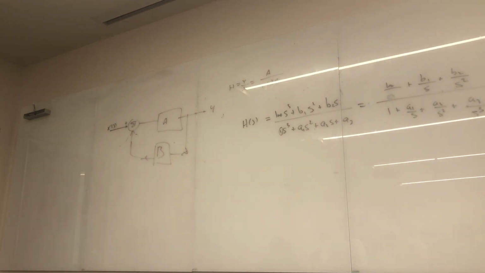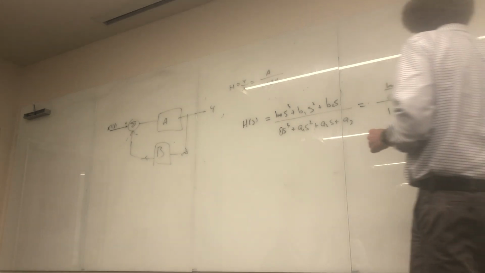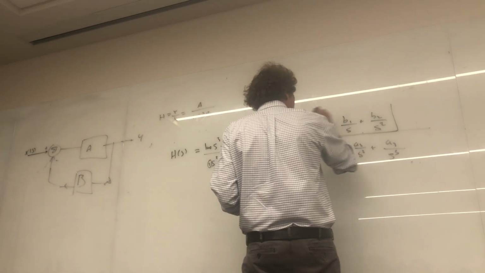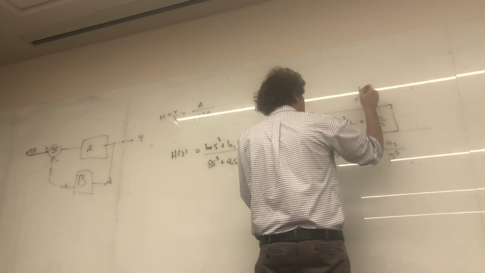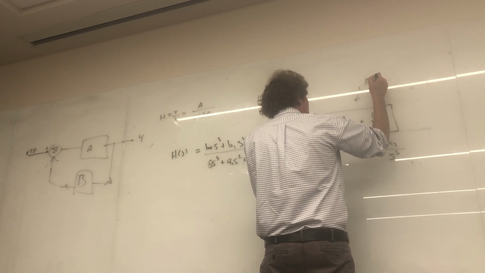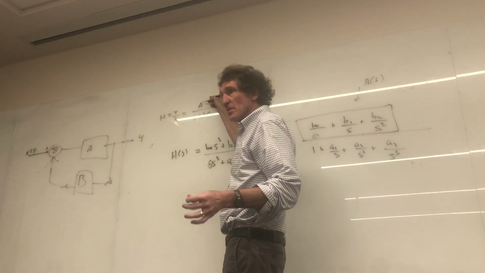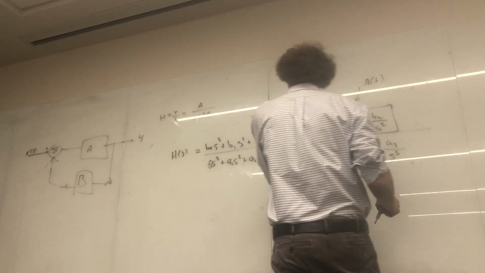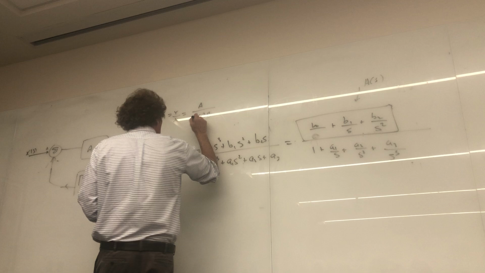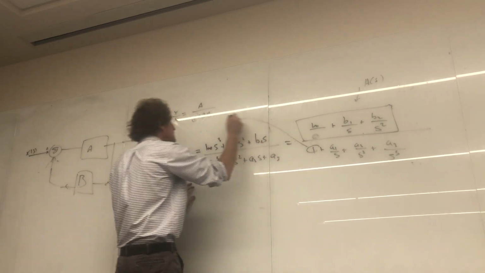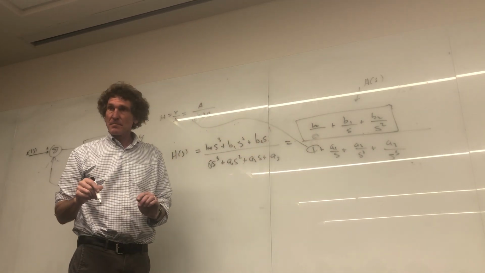All right? The only thing I've done there is structure it this way, and the reason I'm doing it is because I can synthesize that. Here's how. You see this right here? That right there is your A of S that would go in here. You all see that? That's the one that appears here. Agree?